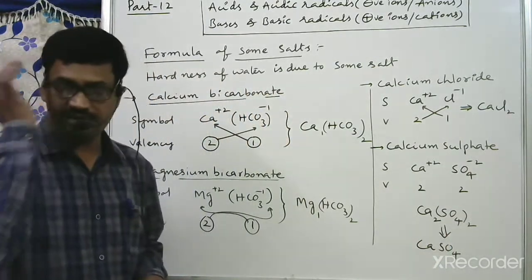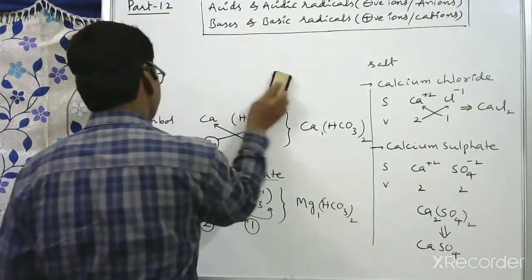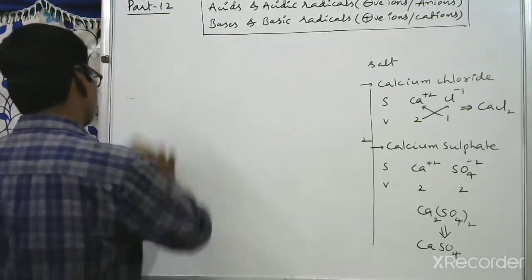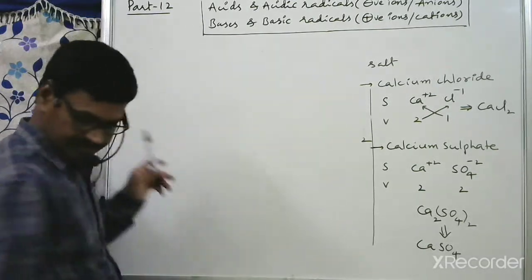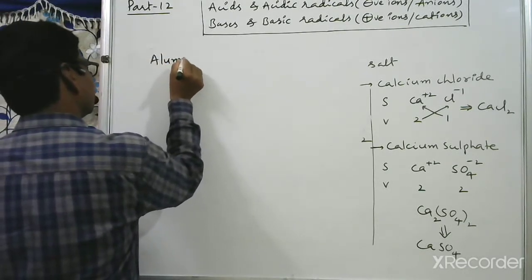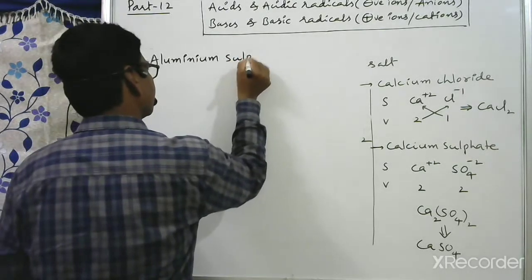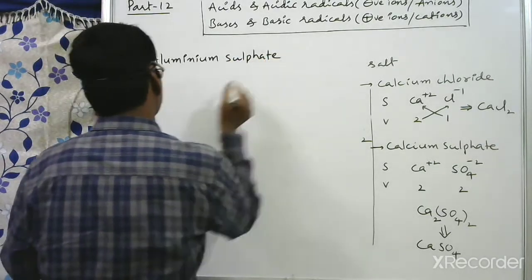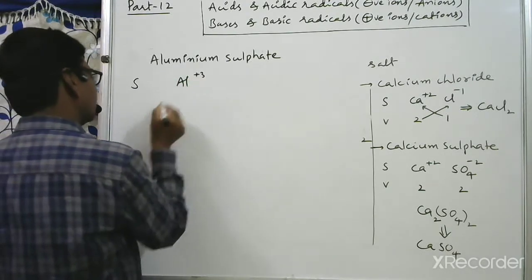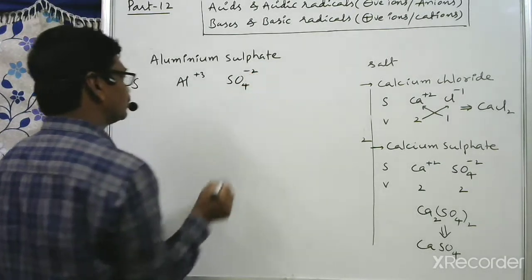Two more formulas I'll give and I'll conclude this class. One is aluminum sulfate. What is the formula of aluminum sulfate? First you have to write symbols. S means symbol: here aluminum Al plus 3 and sulfate SO4 minus 2.